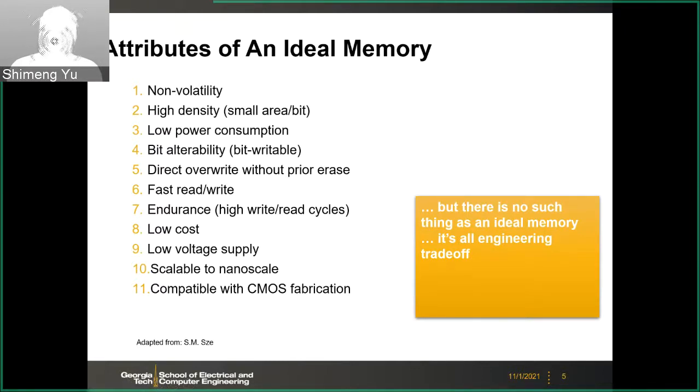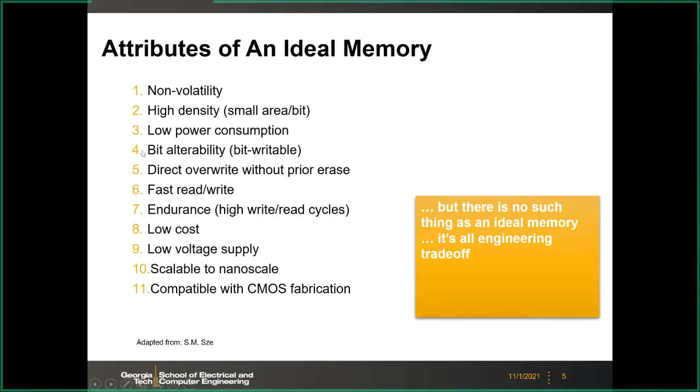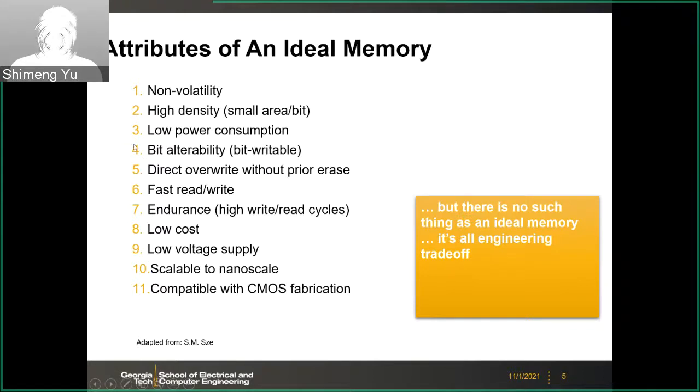If you want an ideal memory, the following attributes are what you want. You may not have all of those attributes together, simultaneously, in one memory candidate, but this is your wish list. You want the memory to be non-volatile. That means you can keep the data after the power is off.